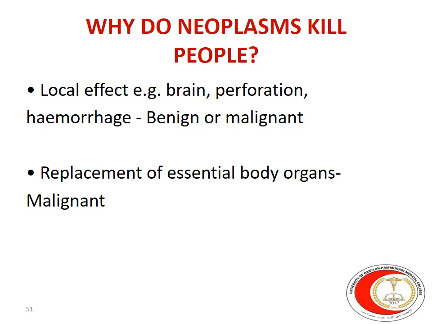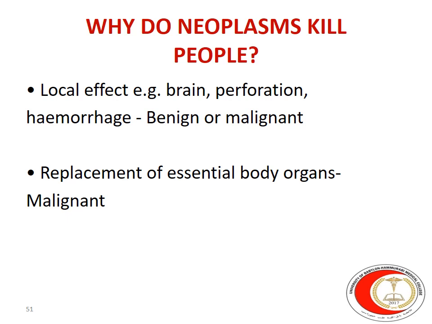All of these can occur in cases of benign or malignant neoplasms. Or due to replacement of essential body organs, such as bone marrow, lung tissue, and liver parenchyma. All of these occur in cases of malignancy.